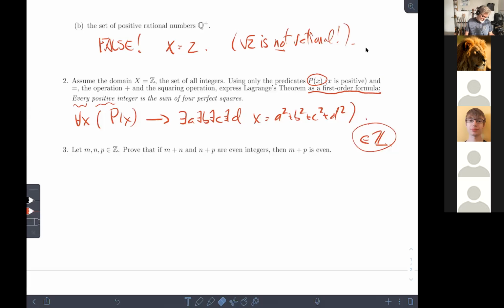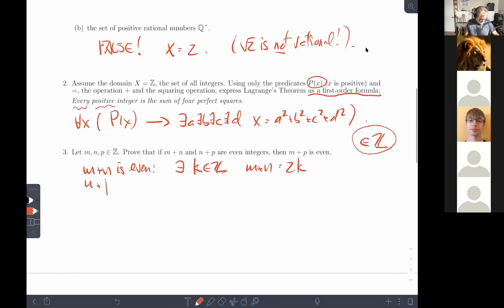We want to prove that if m plus n and n plus p are even integers, then so is m plus p. There are 2 main strategies to solve this problem. There is a very long way and there is a very short way. Let me start with the short way. m plus n is even. That means there exists some integer k such that m plus n is 2k. n plus p is even. That means there exists some integer l such that n plus p is 2 times l.